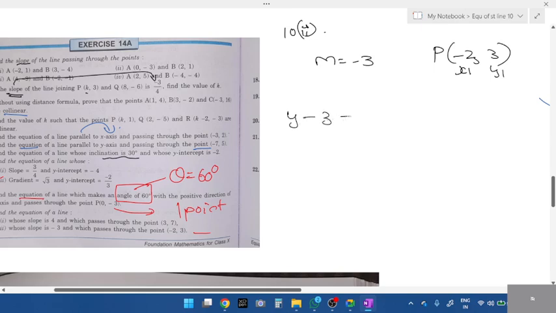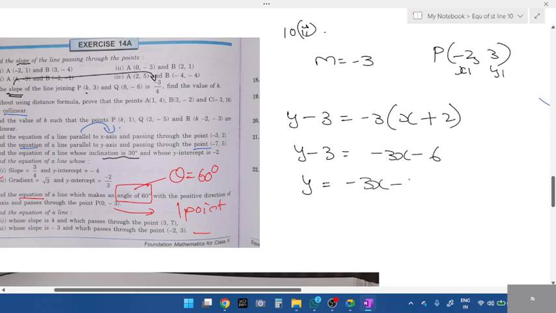Done. Y minus 3 is equal to minus 3 into x minus, x becomes plus 2. What's the answer, Ivania? What did you get? Minus 3 goes to the other side.